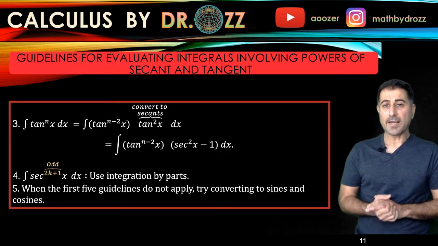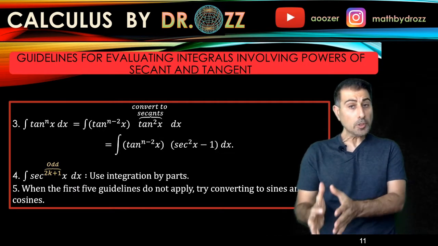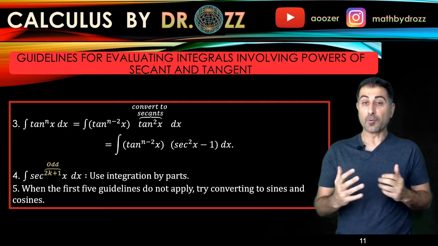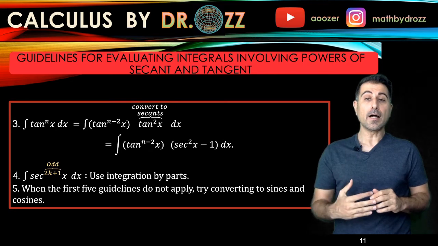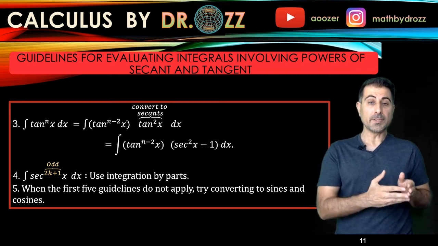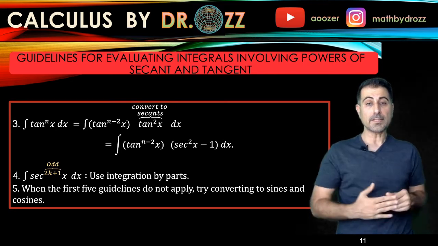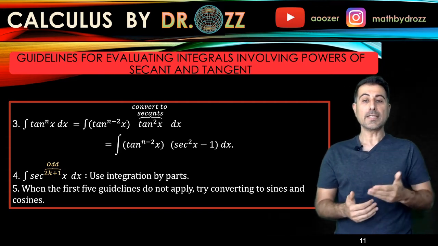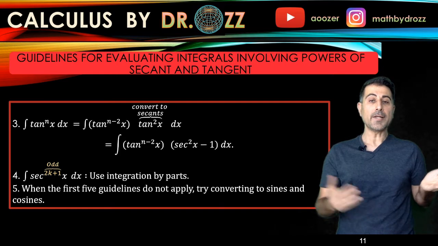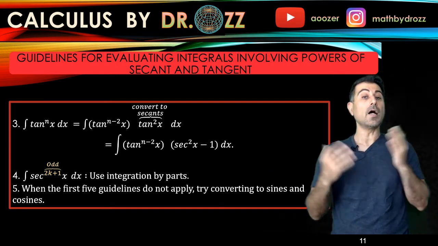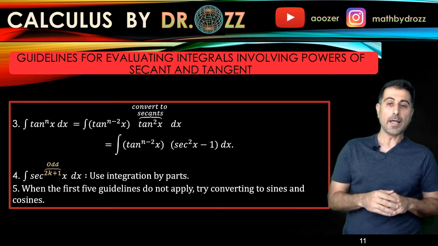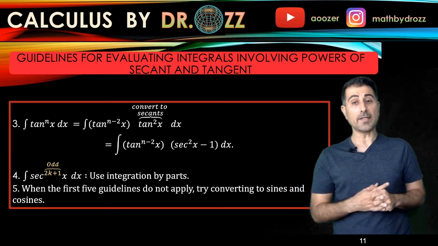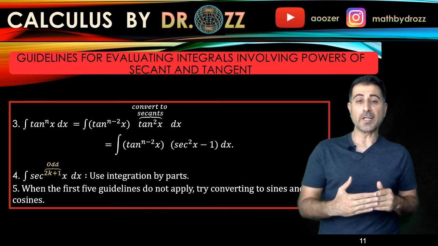Here, if you have the powers of tan only, you're going to reserve tan squared x, not necessarily for dx, but you are supposed to replace tan squared by secant squared minus 1, and use, if applicable, u substitution. In the fourth case, we have secant raised to an odd power, and this is an application of integration by parts.